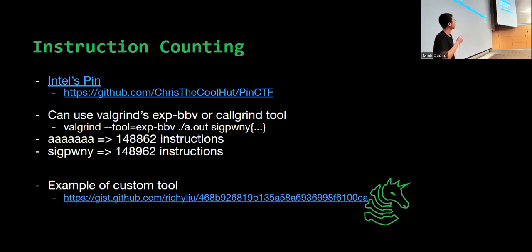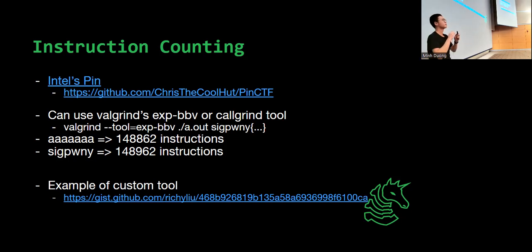So there are several tools for instruction counting. One of them is PIN from Intel. This is one of my favorite tools for reverse engineering. It can do a lot of things besides count instructions. Different instrumentation tools, you can count specific instructions, you can count specific loop iterations. It's a very powerful tool. And this link is a custom PIN tool that I wrote, which is a template of sorts for writing your own PIN tools.